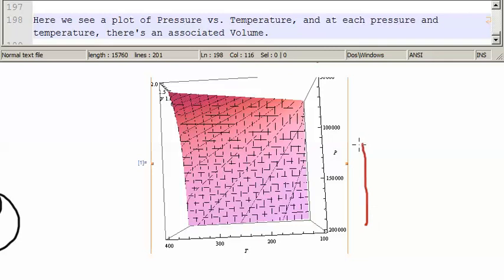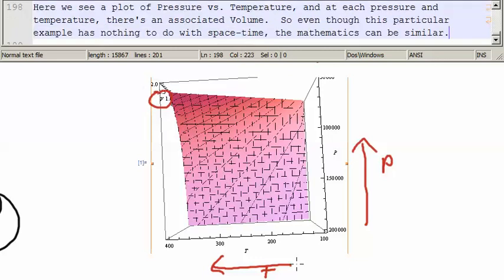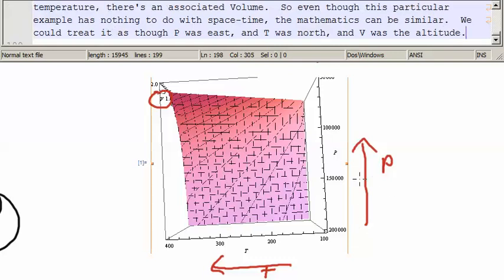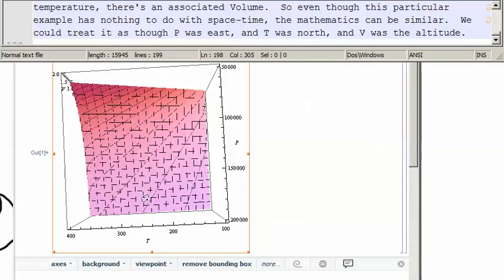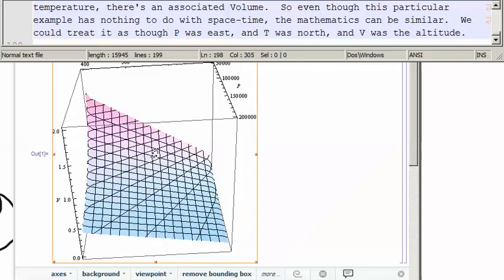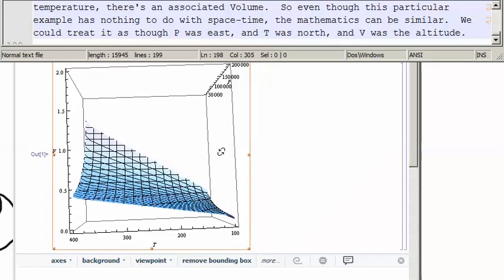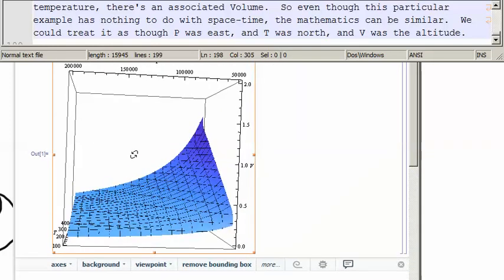Here we see a plot of pressure versus temperature, and at each pressure and temperature there's an associated volume. So even though this particular example has nothing to do with space-time, the mathematics can be similar. We could treat it as though P was the direction east, T was the direction north, and V was the altitude. Let's see if I can actually turn this so that that looks more like the reality.